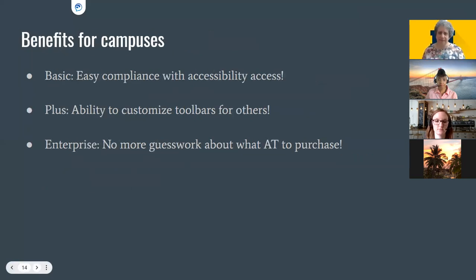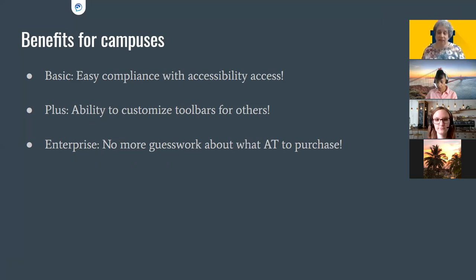Next slide, please. So hopefully I've been able to illustrate the benefits of Morphic for campus, for individuals. Some of the benefits for campus: with Basic, you can easily comply with accessibility mandates by making it very easy for people to access the accessibility features built into Windows and Mac computers.